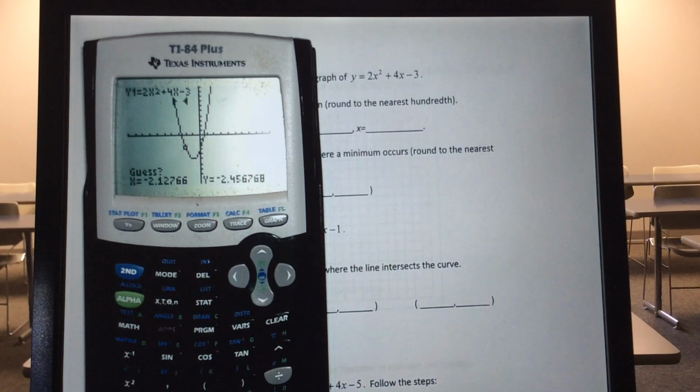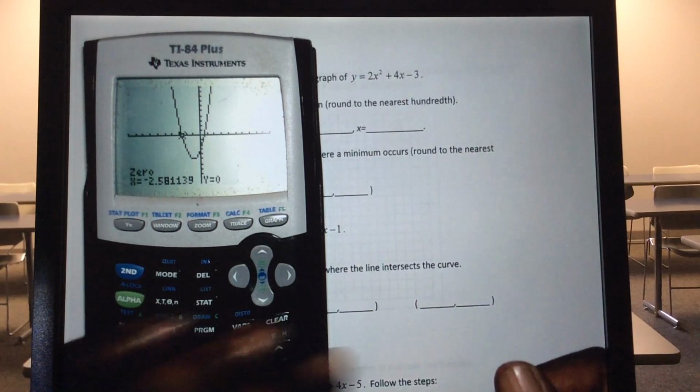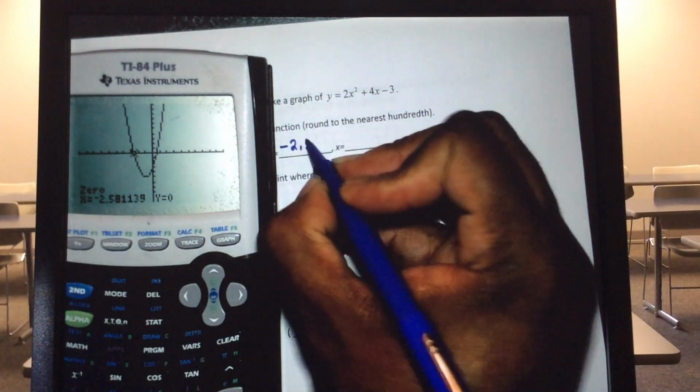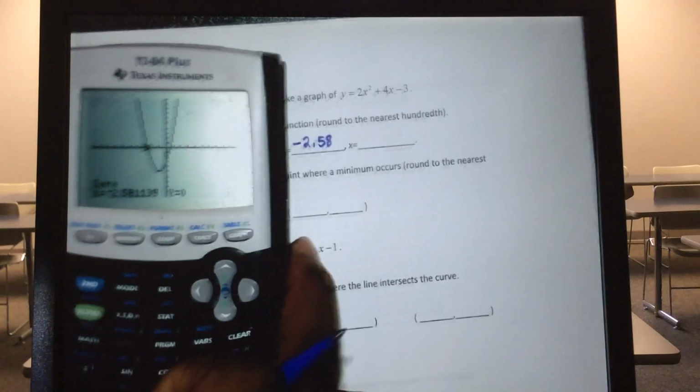And then after guess, you want to go ahead and press enter. And that will give you one of your x-intercepts, which in this case is negative 2.58, if we round that off to two decimal places. So negative 2.58 is one of your x-intercepts.